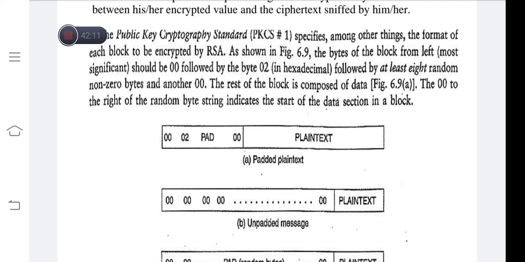We know that RSA is a block-based encryption and decryption algorithm. The message will be divided into various blocks. For each block, the ciphertext and the corresponding plain text will be found. So the PKCS gives the specification for the format of each block to be encrypted by RSA.